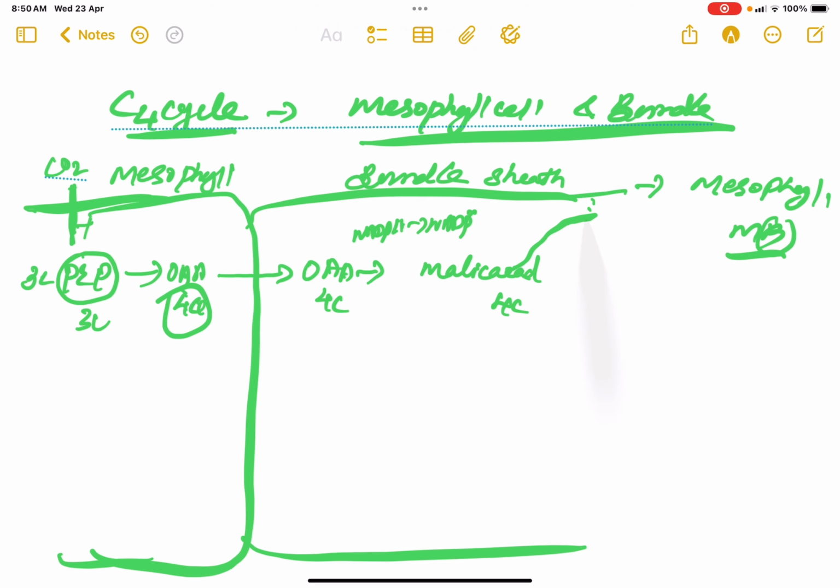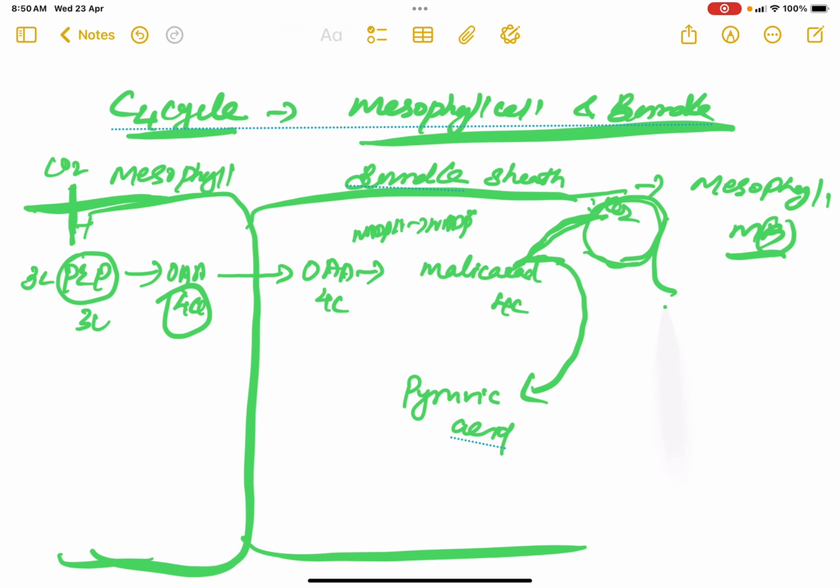This removal of carbon dioxide is known as decarboxylation, and malic acid is converted into the 3-carbon compound pyruvic acid. The carbon dioxide released through decarboxylation enters the Melvin-Calvin cycle and sugar is formed. In C4 plants, the Melvin-Calvin cycle, the C3 cycle, is also present in the bundle sheath cells.